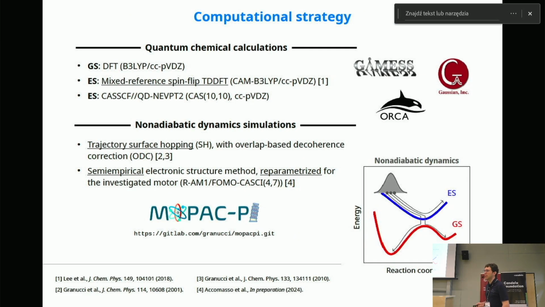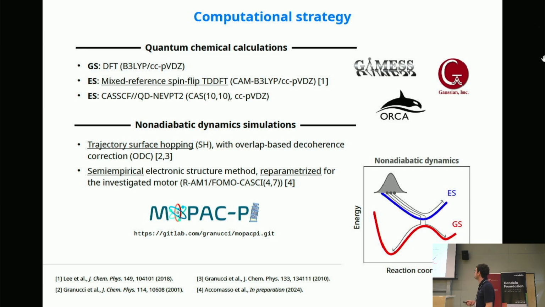To address these open questions, we use a computational strategy, combining quantum chemical calculations with non-adiabatic dynamic simulations. In the quantum chemical calculations, we used the recently developed mixed reference spin-flip TDDFT method, which solves the spin contamination problem of spin-flip TDDFT.